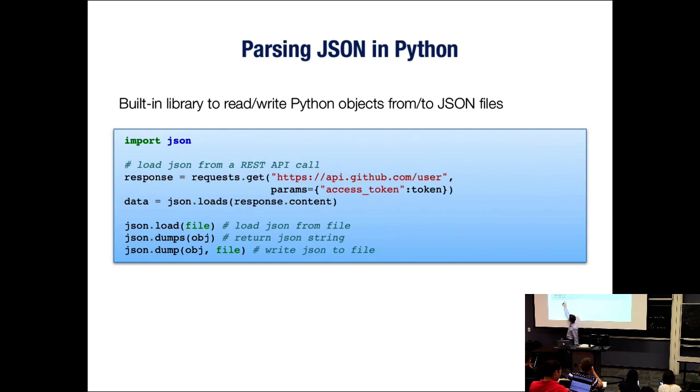Load does the same thing, but with a file pointer instead of a string. Dumps will take a Python object and return a JSON string. And dump will take an object and a file pointer and write that object to the file. So there's a few different flavors here, but they all do the same thing. They're just transforming between Python objects and JSON.